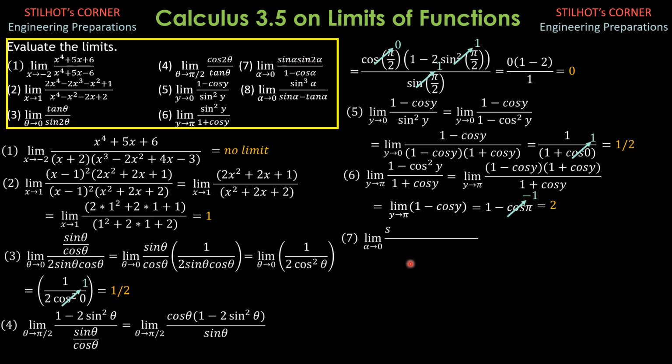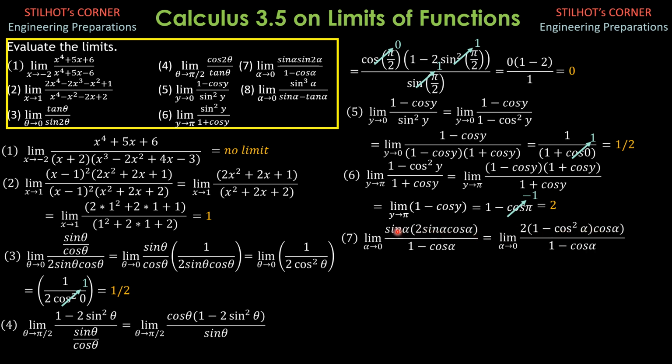So number 7, limit as alpha approaches 0 of sine alpha times 2 sine alpha cosine of alpha over 1 minus cosine alpha. So this is now equal to 2, and there is sine square of alpha here. I'll directly replace sine square of alpha by 1 minus cosine square of alpha as shown. So limit as alpha approaches 0 of 2 times quantity 1 minus cosine square of alpha, then times cosine of alpha.